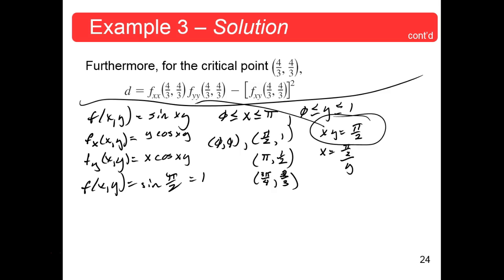So, f of 0, 0 is equal to sine of 0 times 0, which is sine of 0, which is 0. Sine of 0 is 0.